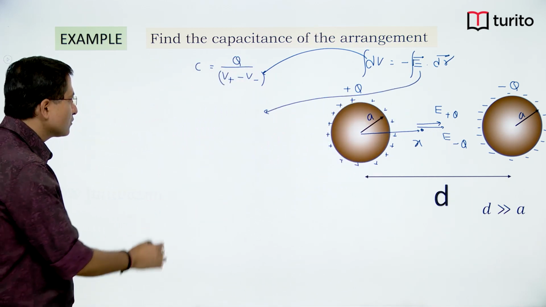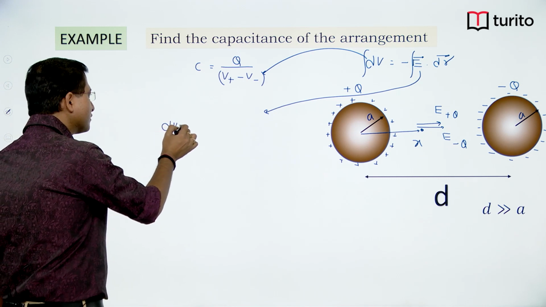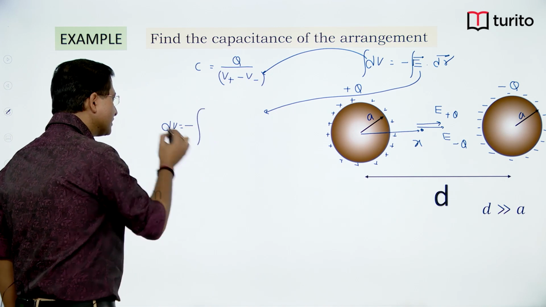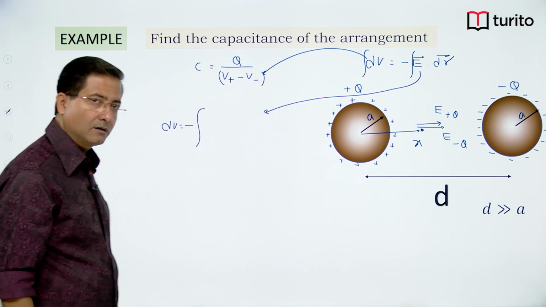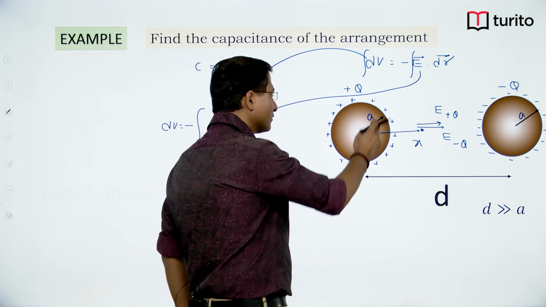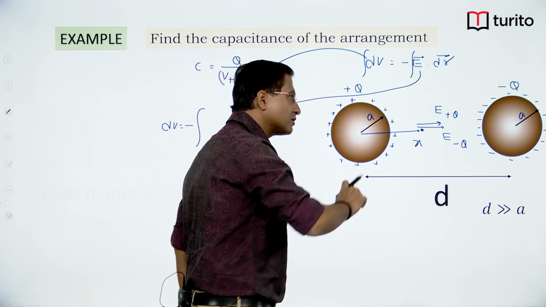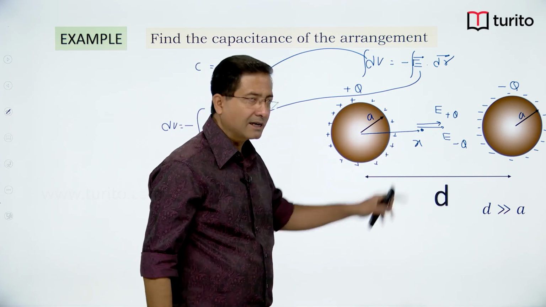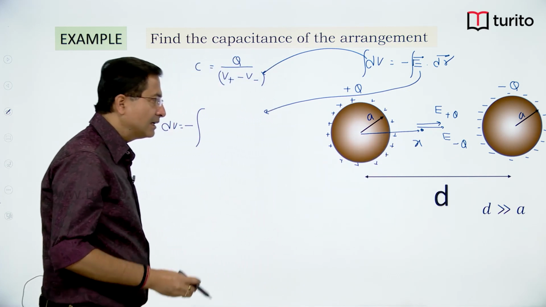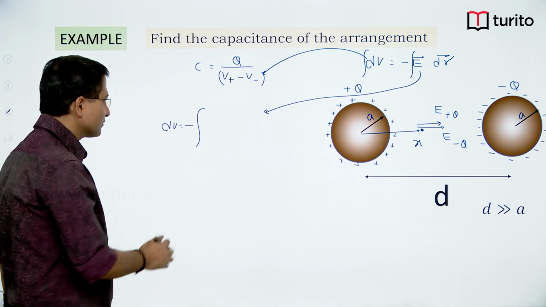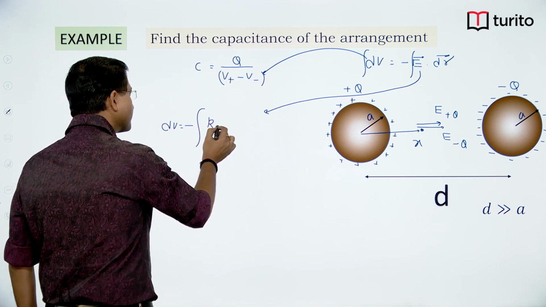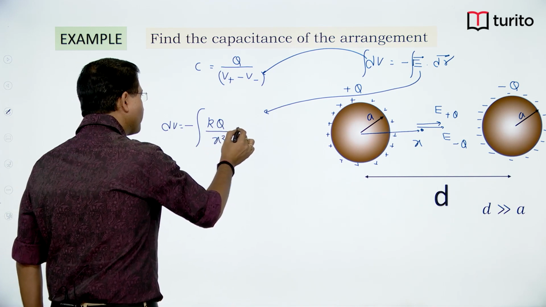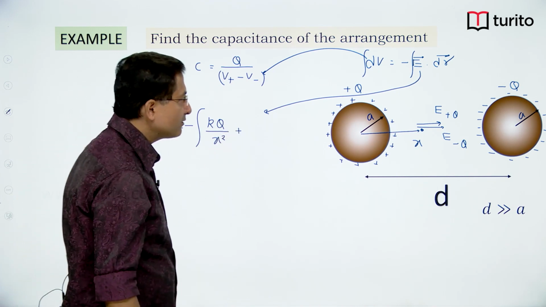So, dV is equal to minus integration of net field. We need to add here. As charge is uniformly distributed, you can assume that the whole charge is concentrated at the center. From there at distance x outside, field is kq by x square. So, here I will write kq by x square plus this negative charge is also producing field.